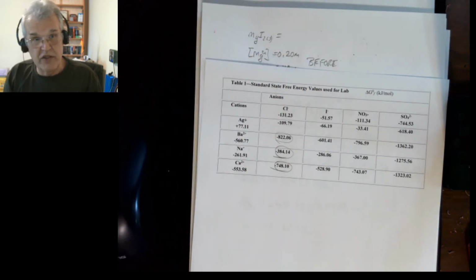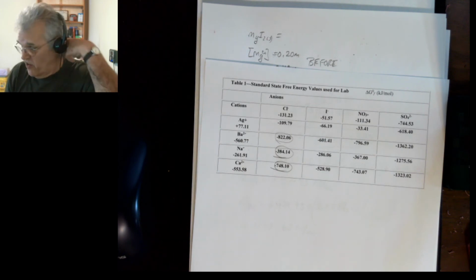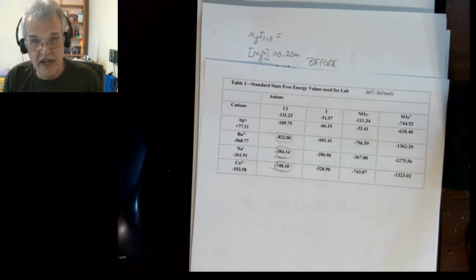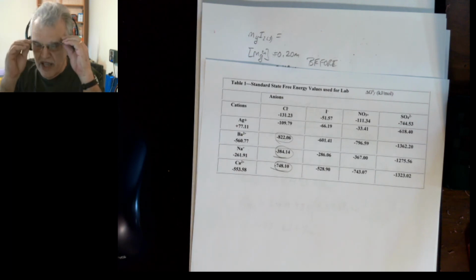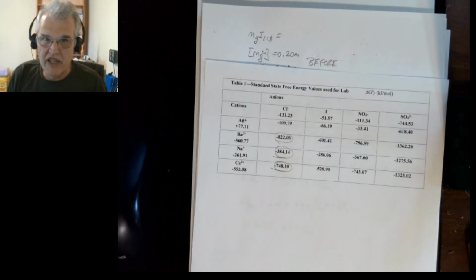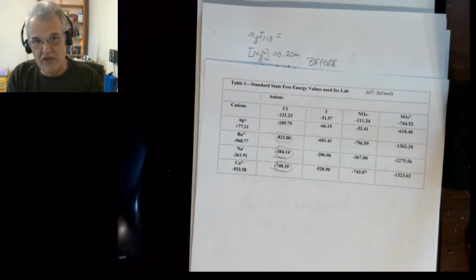The first 2 tables are delta G naught. That's real simple. The easiest thing is to go through and calculate all those out. Then you have to do the 2 for the reaction after mixing and after dilution for the non-standard state. That's where you have to do these calculations, and you must do the calculations.